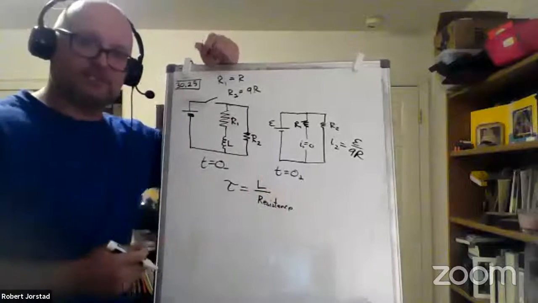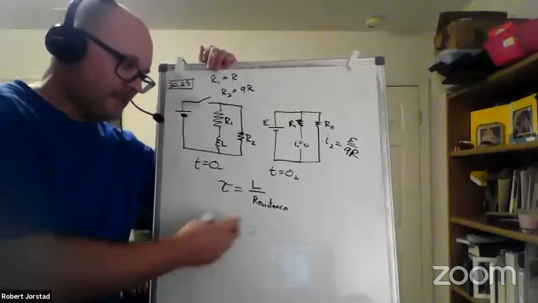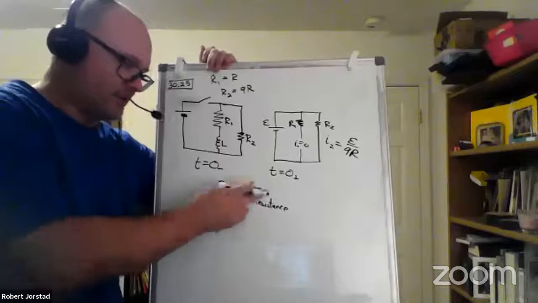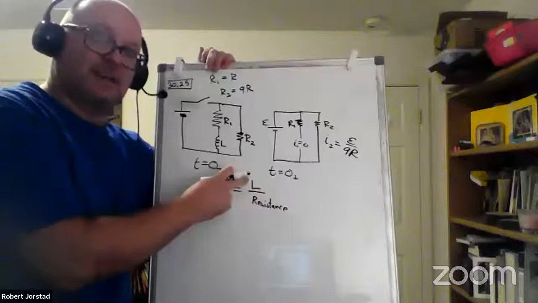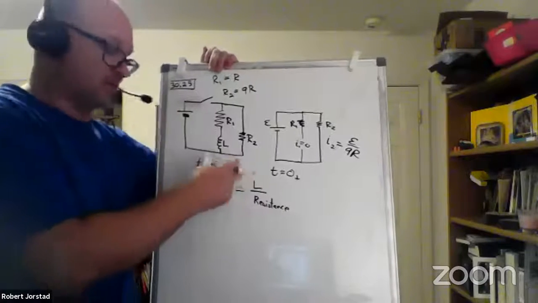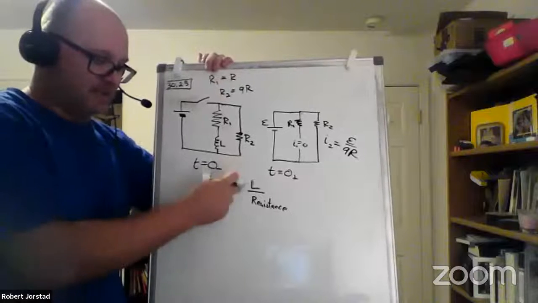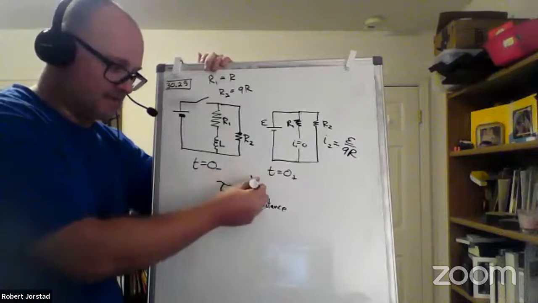It's L over resistance. If you have a large resistance, you're never going to get that much current, so it's easier to reach that, and tau is smaller. If you have a large inductance, that's lots of coils that really opposes things, so it's harder to reach max current and tau increases. So this makes sense, with resistance on the bottom and inductance on the top, hopefully.